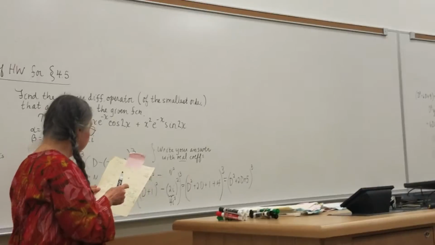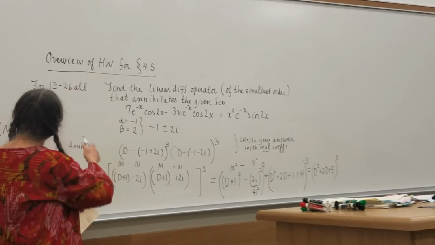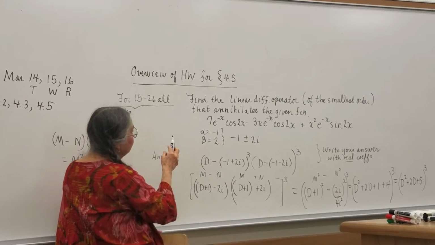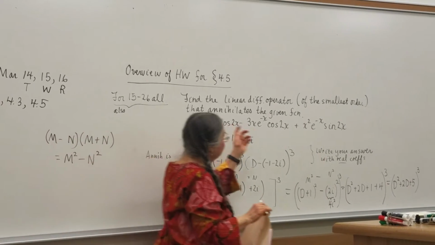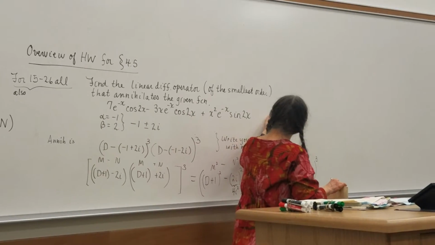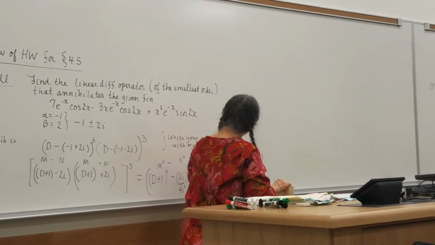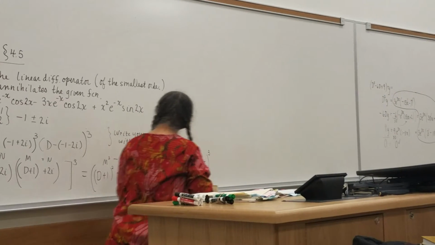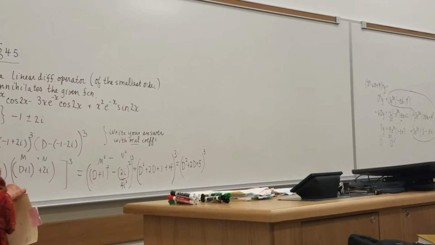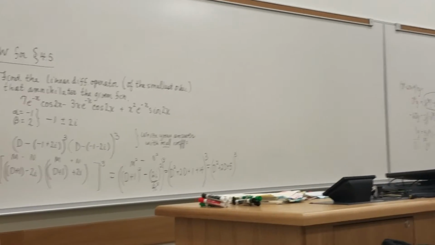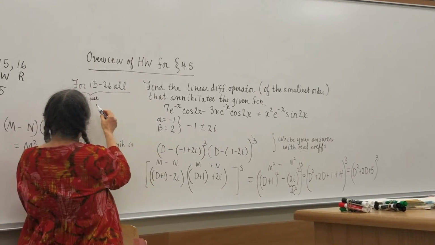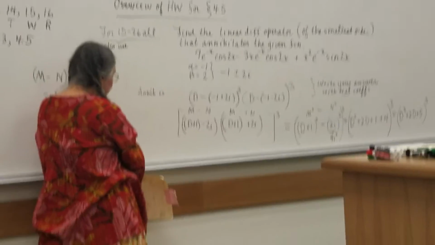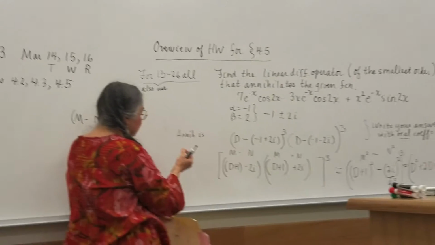For those problems, also use that thing I showed you when you have a sum. If I had put e to the 3x cosine 5x, then I'd have to do another one of these quadratics to get that term annihilated. So also use the fact that the product of two annihilators annihilates a sum.